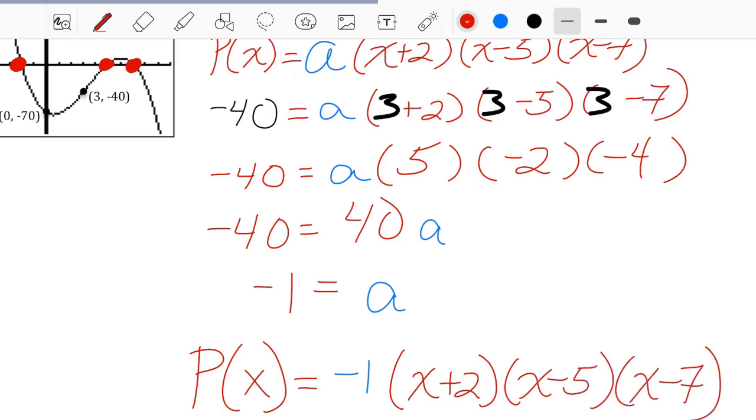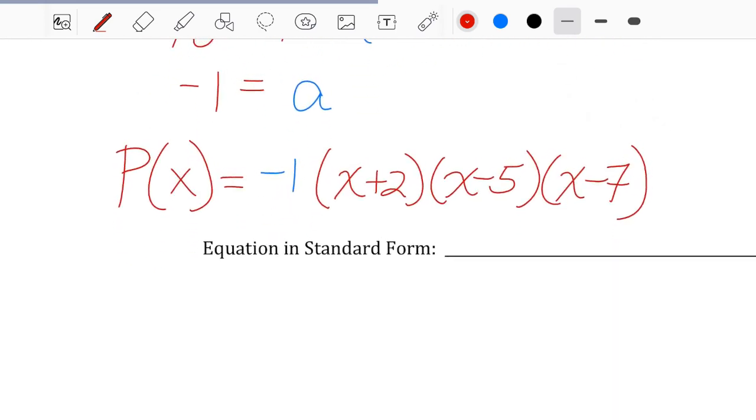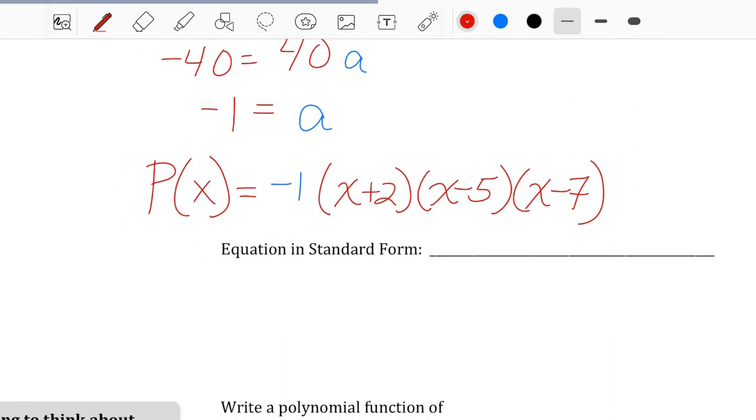I still have all of those parts, which means now you have to multiply them all together. Usually recommend you just take 2 of them at a time. Don't forget about your -1 out here, but you'll notice that I'm not doing anything with that yet.